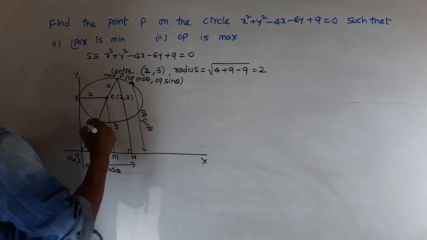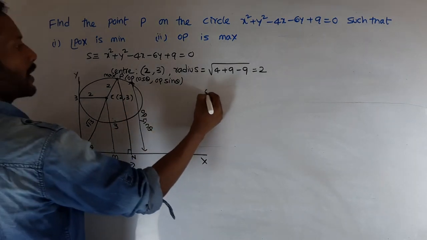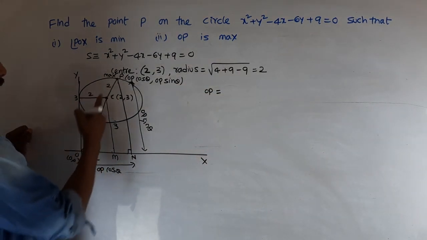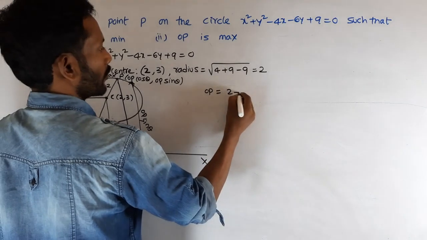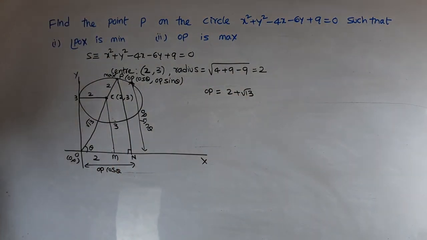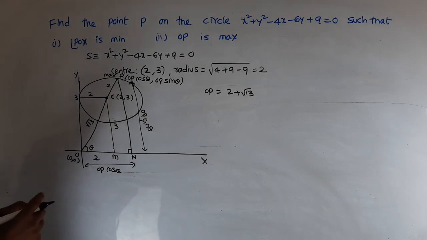This length is square root of 13. So what is OP? OC plus CP, 2 plus root 13. Next we have to find cos theta and sin theta.